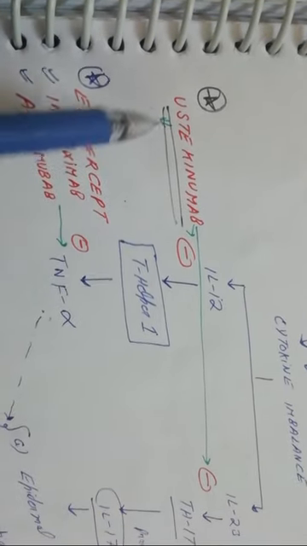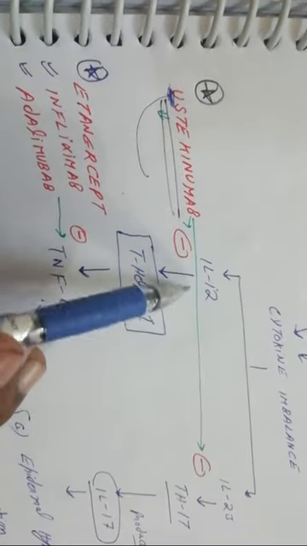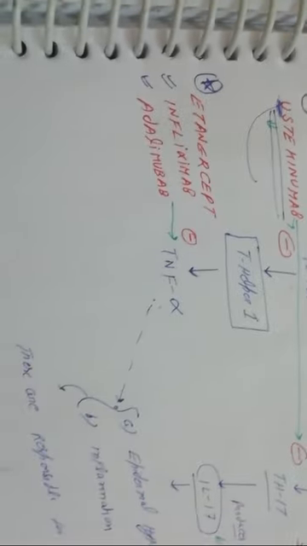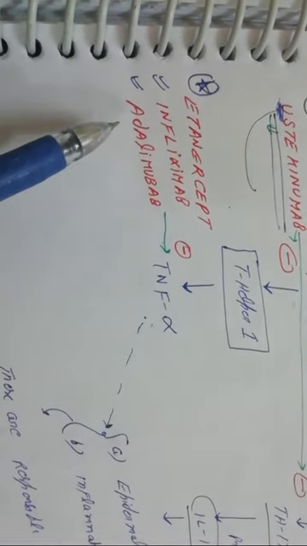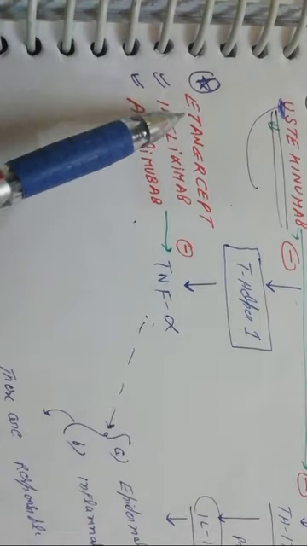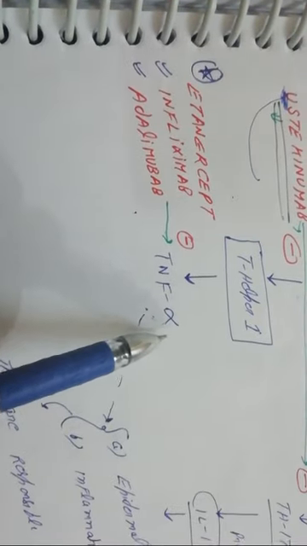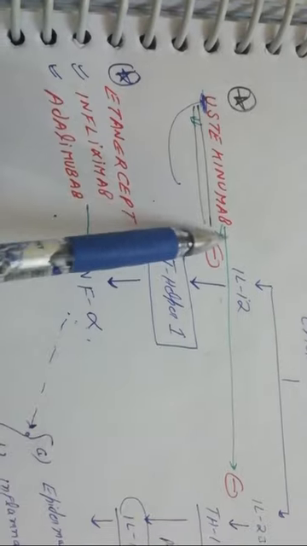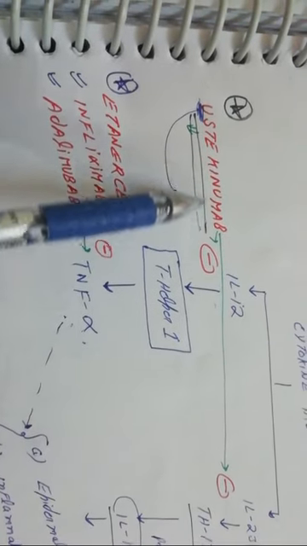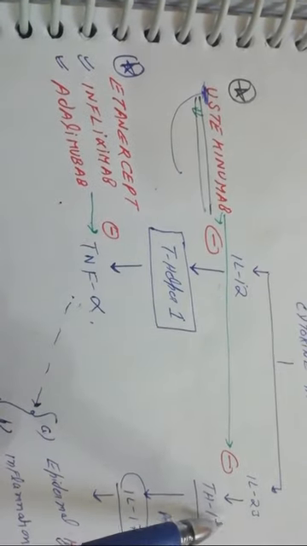Remember this, US blocks two things, interleukin 12 and interleukin 23. And we have other drugs known as infliximab, adalimumab, and etanercept. These are the drugs which block tumor necrosis factor alpha. These are monoclonal antibodies, so they act and block these interleukins, interleukin 12 and interleukin 23.